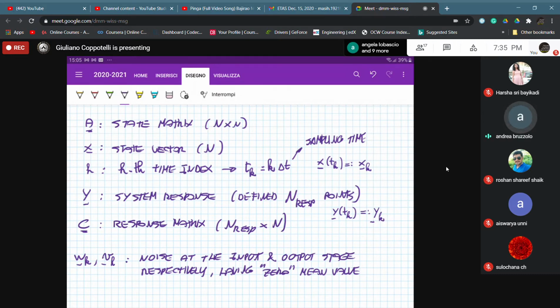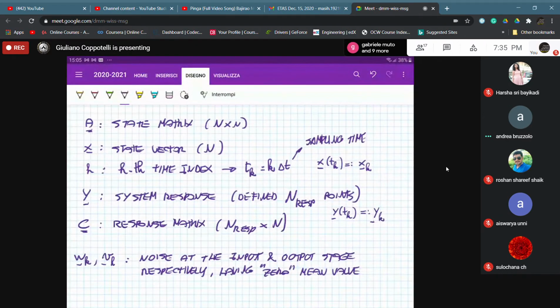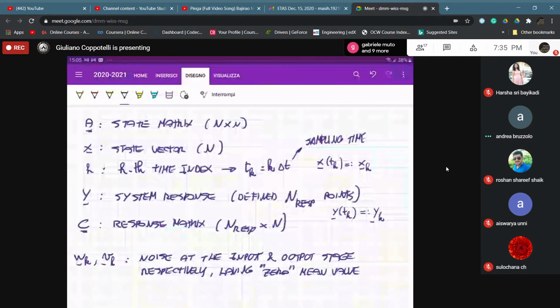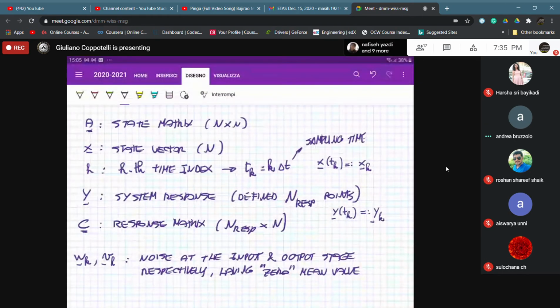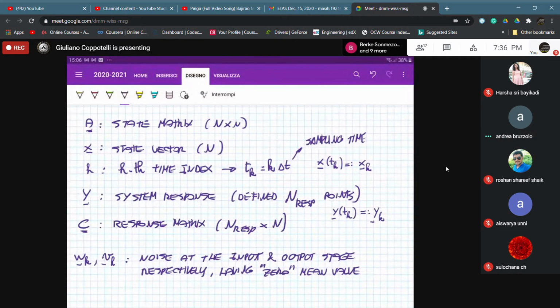Excuse me, Professor. In the singular value decomposition, the matrices U and V, what are they? They are the left and right singular vector matrices. It's a decomposition of a matrix into these three. It is a quite common matrix decomposition.